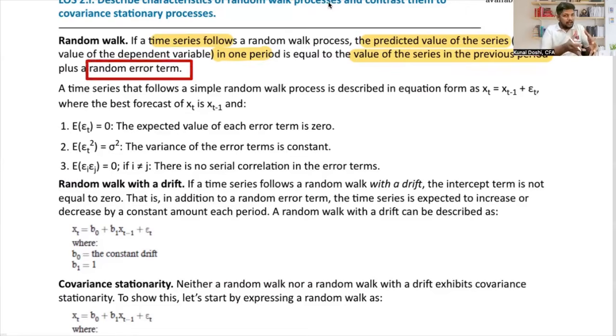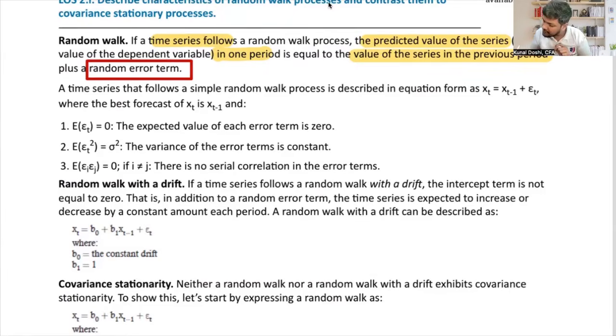So the value in one period is equal to the value in the previous period plus some error. Imagine that the interest rate in the upcoming period is equal to the interest rate in the previous period plus some random error, right? So this type of model is called a random walk.